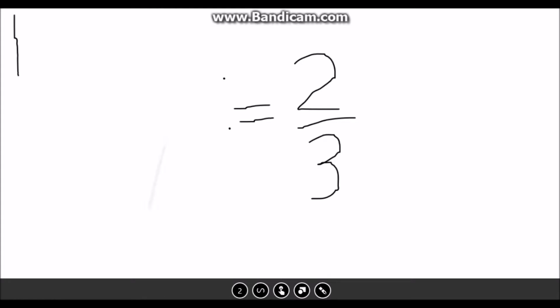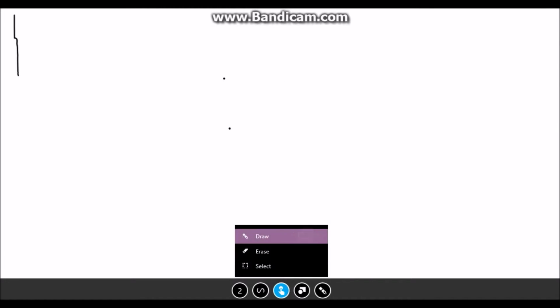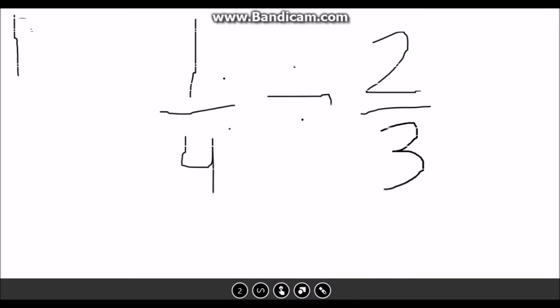So the actual equation we'll be working with today is 1 over 4 divided by 2 over 3.